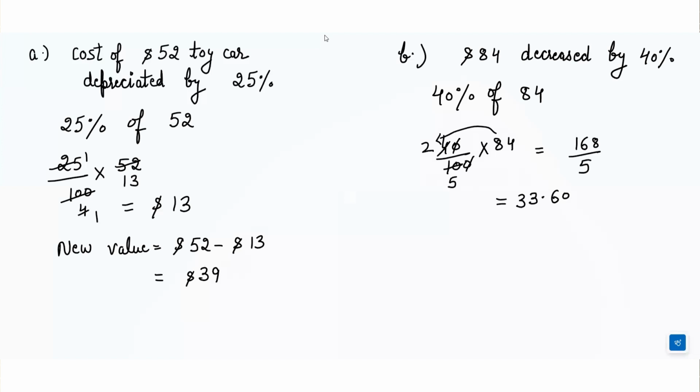So now we have to find out the new value. New value is equal to $84 minus $33.60. And when I solve this part, I'll get $50.40. This is how we can find out the value of any particular thing after the percentage increase or decrease.